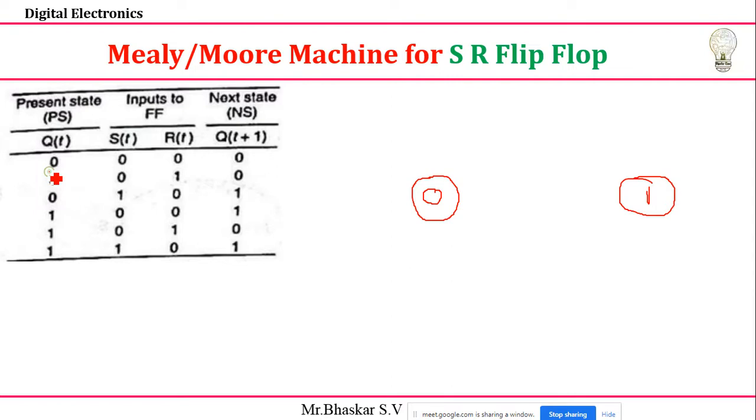You can see that the present state value is 0 and the next state value is 0, which means it should stay here only, right? Present and next state values are 0 only. When this happens, what is the input you have? 0 0. Just write the value, it is 0 0. When my values are 0 0, the present and next state values are zeros only.